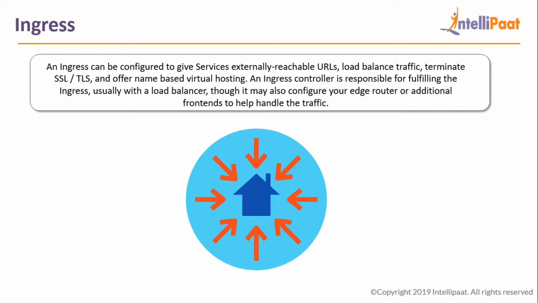So that is when Ingress comes in handy. It basically routes the external traffic to a service and gives it an externally reachable host. And what we mean by virtual name-based routing is you can provide names. Let's say http intellipaat.com/intellipaat1 is one way to reach one service, and intellipaat2 is a different service.